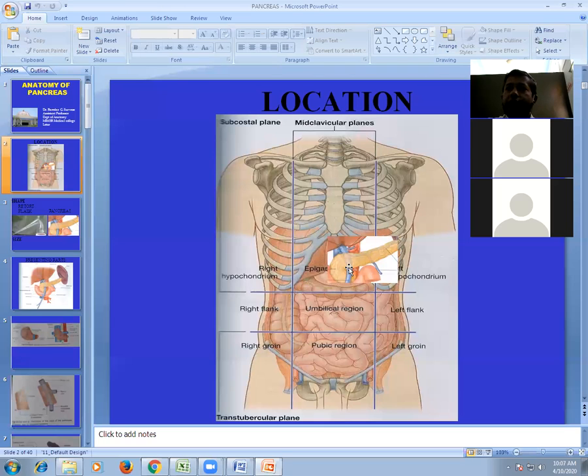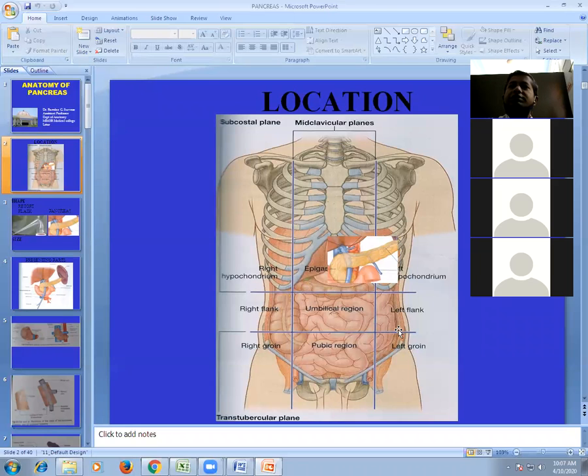Before this, we discussed the histology part. But now in this lecture, we are going to discuss the gross anatomy, or what is seen in the dissection hall. Now we'll start.